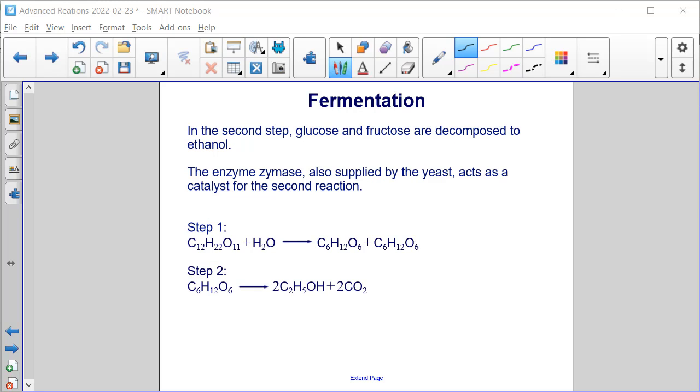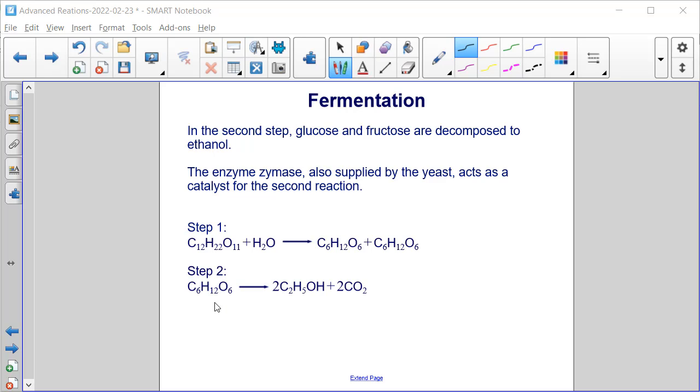In the second step of fermentation, glucose and fructose are decomposed to ethanol. The enzyme zymase, also supplied by the yeast, acts as a catalyst for the second reaction. So in step one, we have our sucrose that we hydrolyze with a water molecule and the catalyst invertase to produce glucose and fructose.